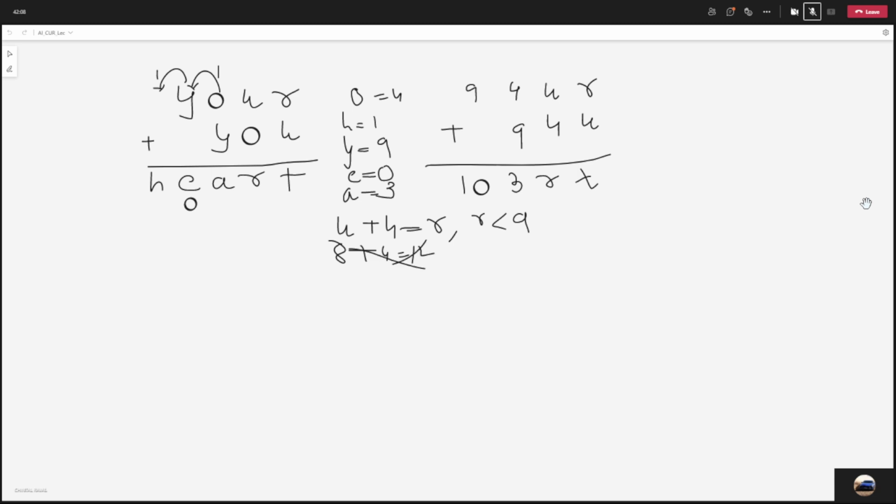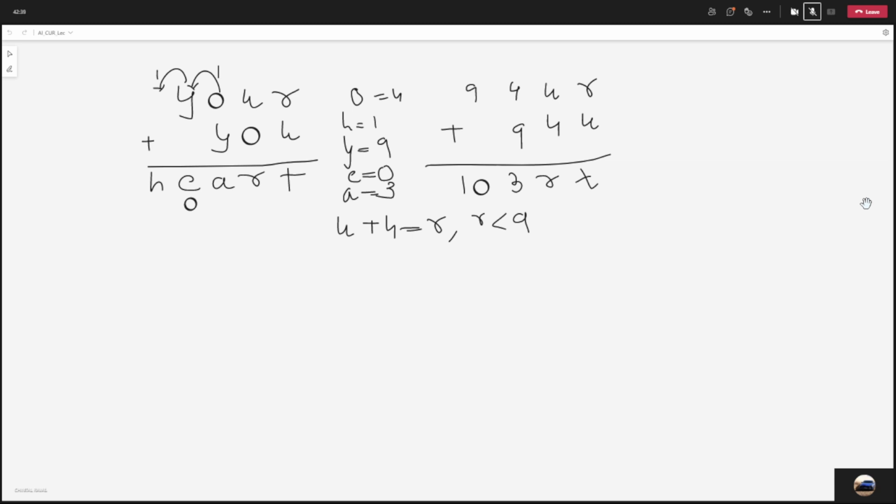Not possible, it should be less than 9. So u could not be 8. 7 plus 4 we get 11. Not possible. 6 plus 4 is 10. Not possible, should be less than 9.